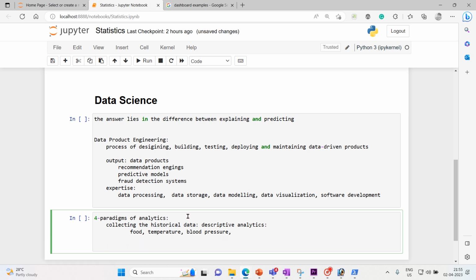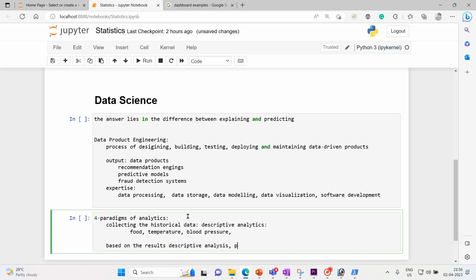Then once this is done, now he will go to the diagnostic analytics. Based on the results of the descriptive analysis, he will take those results.